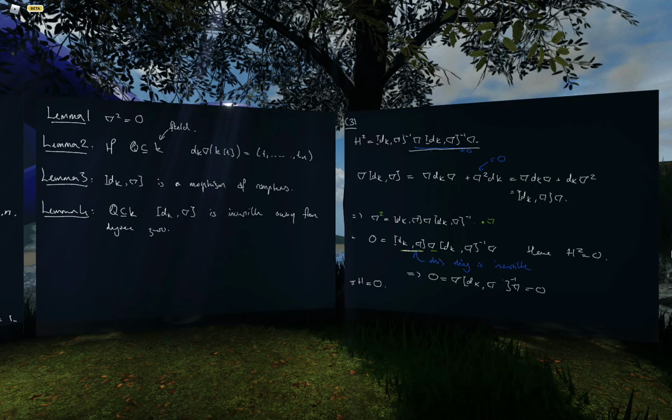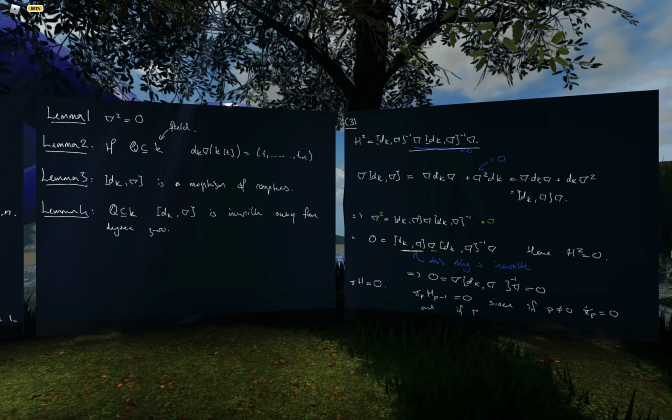Okay, so we have that HP in these degrees. If P is not 0, then HP is equal to 0, pi P is equal to 0.